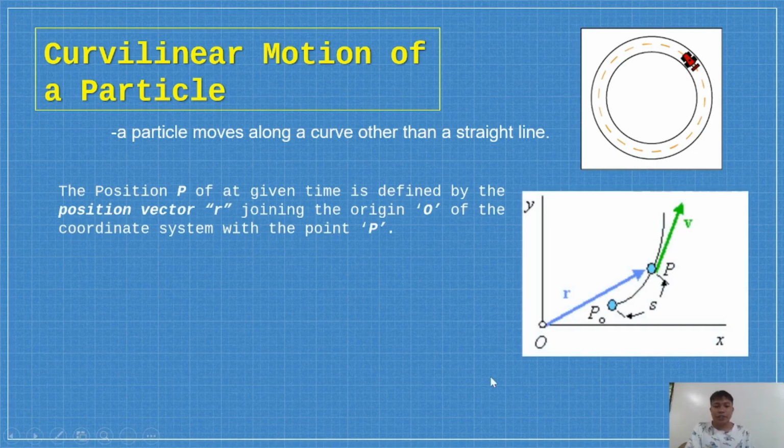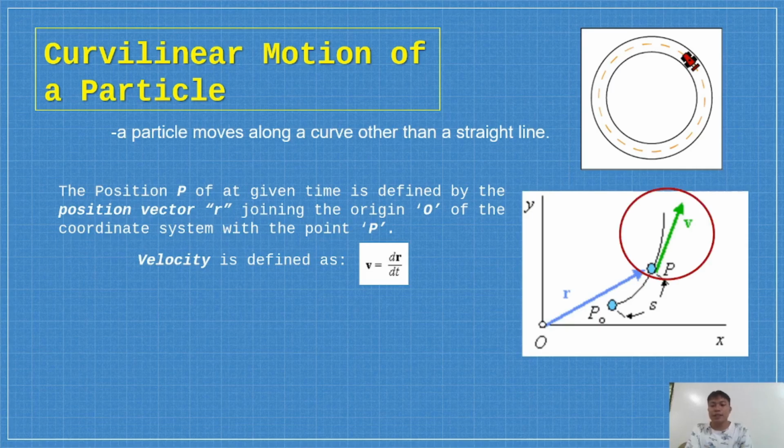Here you can see the position P. Our textbook denotes it as P here, and at a given time it is defined by the position vector, this r1, joining the origin of the coordinate system to the point P. Here, the velocity is defined as the change of our position vector per change of time.